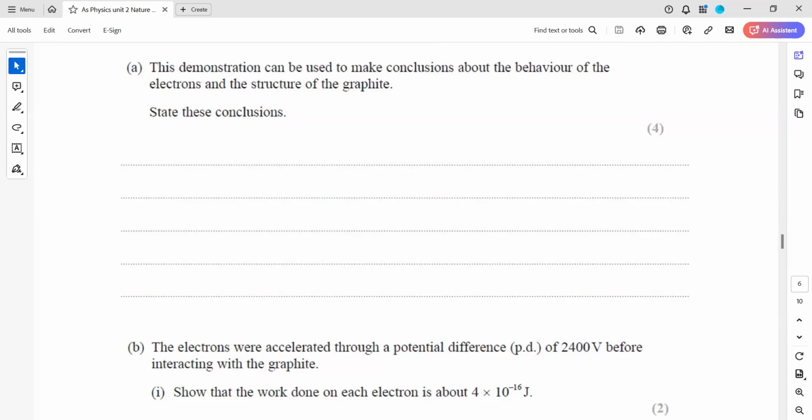It also shows that graphite has a regular structure as well. So the points you will mention: the electron is behaving like a wave. And why is it behaving like a wave? Because it diffracts, and diffraction is a property of a wave.